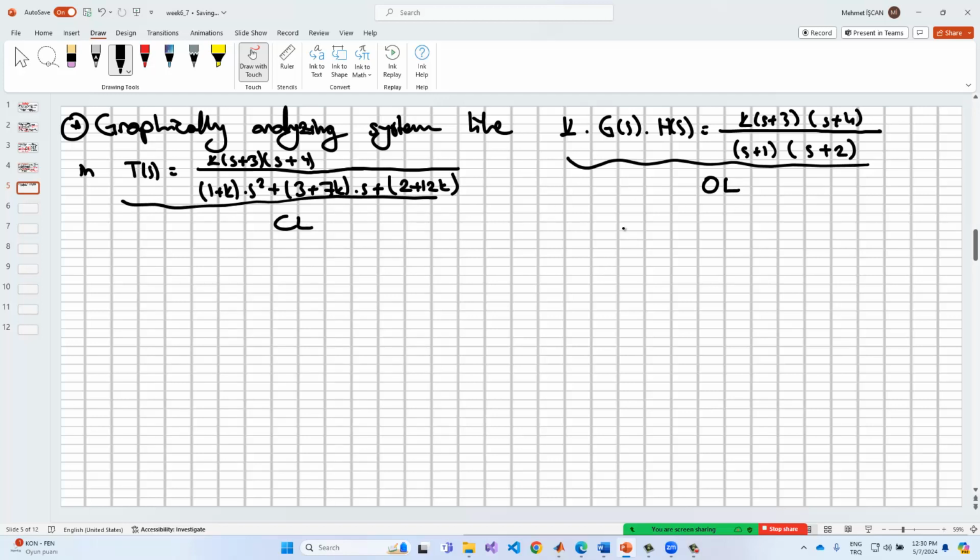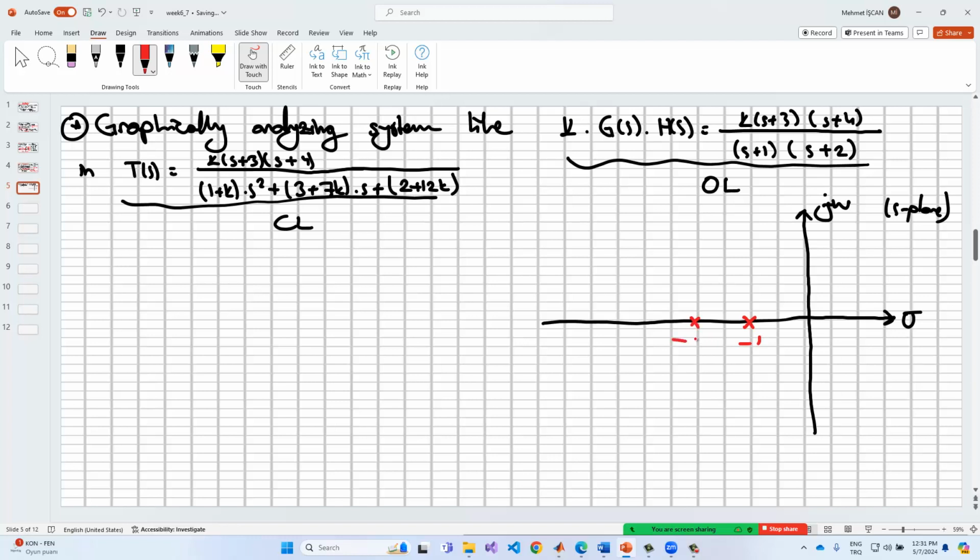How can we draw the root locus? Firstly, we draw the s-plane in here, with sigma and j omega. This is the s-plane. What are the poles of this system? We have (s plus 1)(s plus 2), so two poles at minus 1 and minus 2.